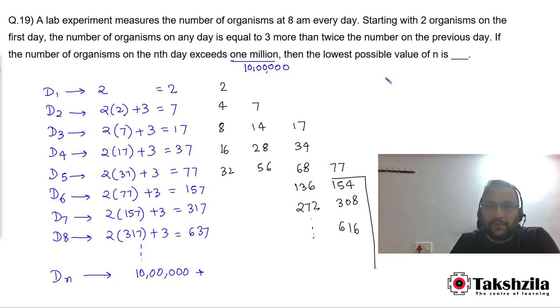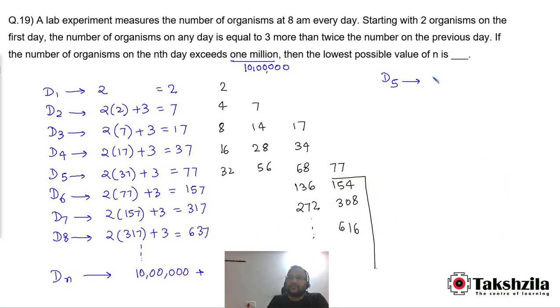So over here, day 5 the number of organisms is 77. Day 6 is 2 into 77, 154, we are neglecting +3. Day 6 हो गया है. Day 7 कितना होगा? 154 into 2 is 308 and so on.